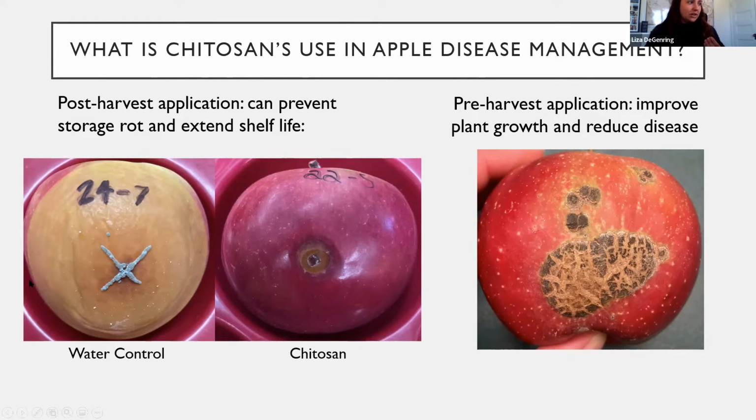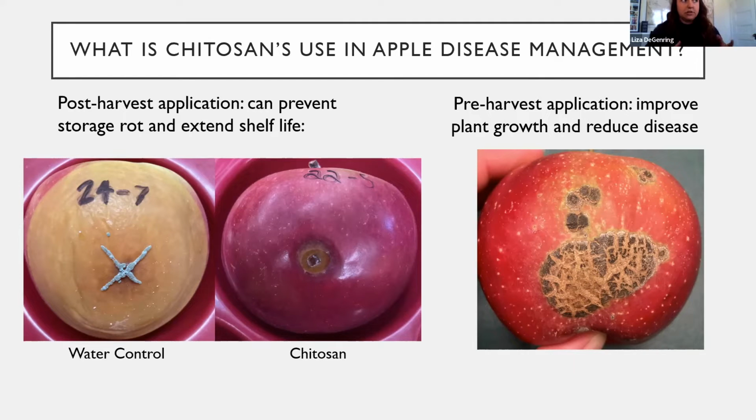And this is the whole lesion size. So this is not a yellow apple. This is the lesion after 14 days. Where this apple was treated with Chitosan and then inoculated with Penicillium, and you can see there's a dramatic difference between the lesion sizes. So that's really exciting for us. But this research is pretty well established. We're just confirming it in an apple production setting.